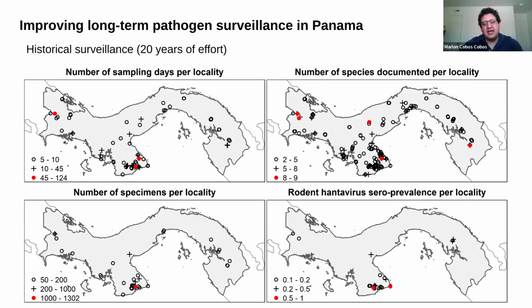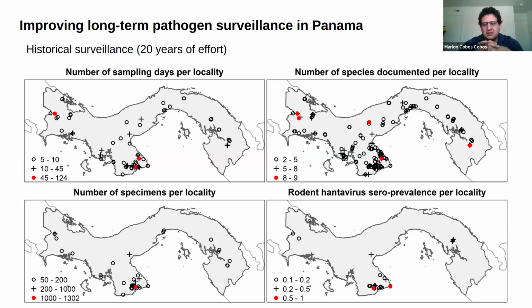Because, as you can see in the last part, the hantavirus seroprevalence per locality is high in those regions. In that particular region, in the central south part of Panama, in the peninsula, you can see that there's a lot of hantavirus cases, but also a lot of specimens collected.